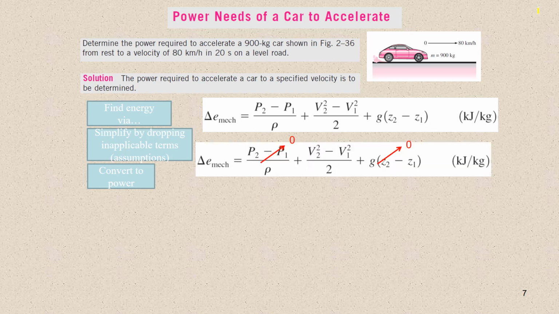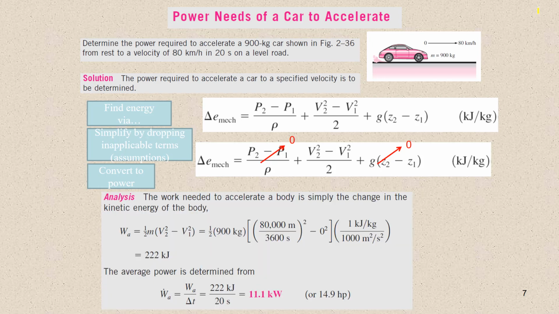In this case, there is no flow energy associated, so that term becomes 0. And there is no potential energy difference, so that term also becomes 0. As a result, the change in mechanical energy would be a sole function of the difference of kinetic energy, which is of course a function of the final velocity and the initial velocity. With this information, try to solve the problem.